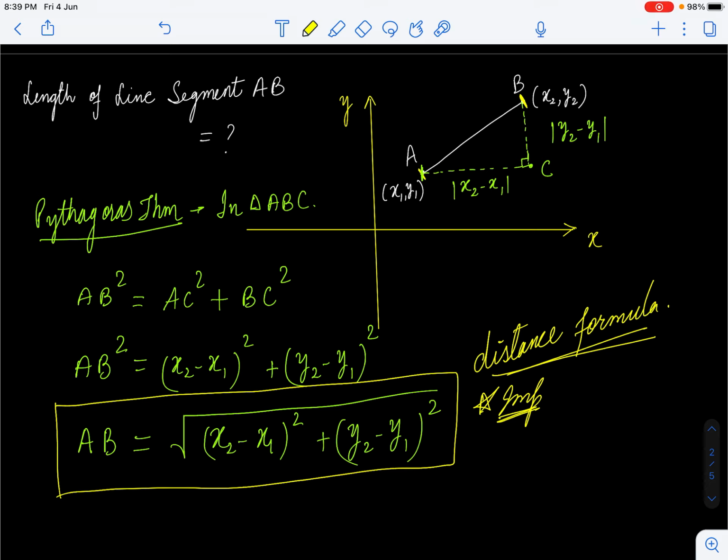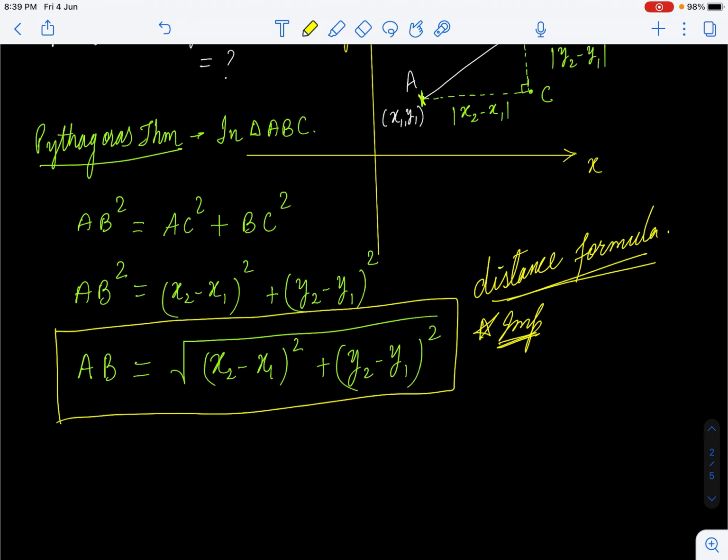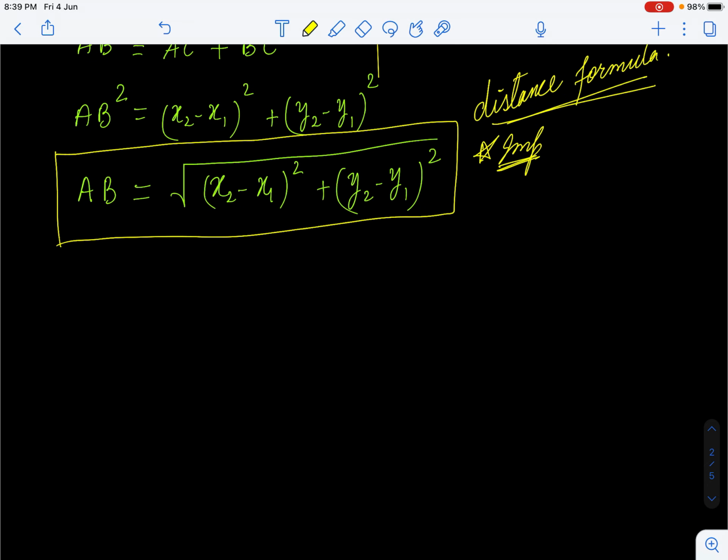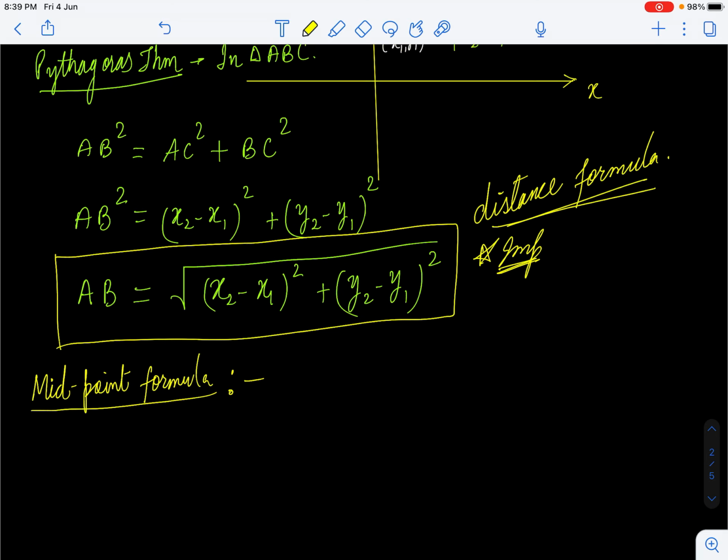This is the length of line segment AB, that is square root of x2 minus x1 whole square plus y2 minus y1 whole square. One more thing that we have to learn, if you have not learned before, is the midpoint formula. This is also very important. Now what is this midpoint formula?